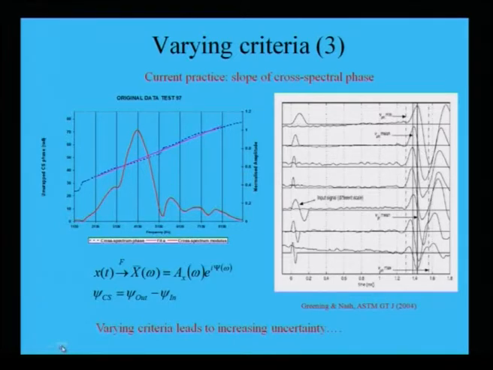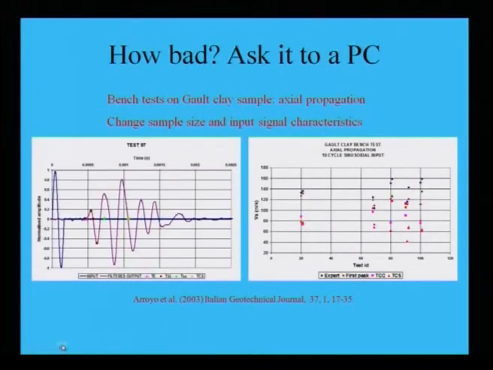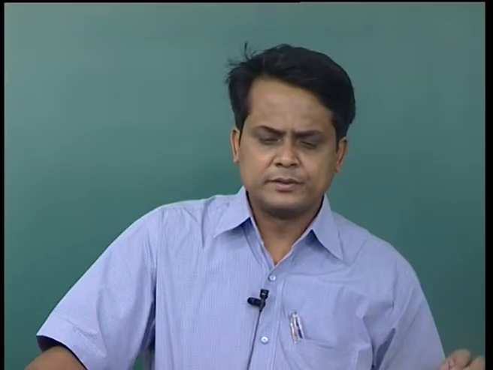If you look here, this is your cross spectrum modulus, and this is your cross phase. Now, you fit a curve, and from there you can find the slope of cross spectral phase. Then fourth, a PC, that means your computer.